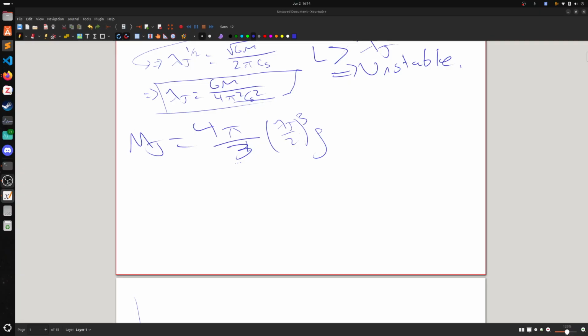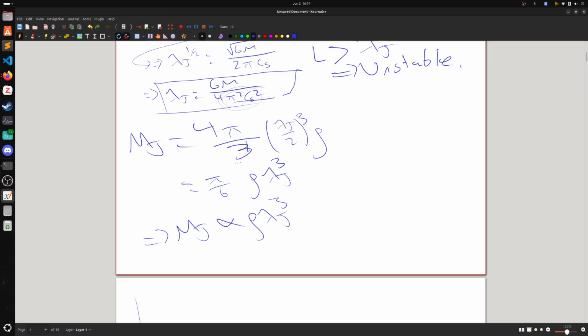Okay, so the idea now is if you just plug this in, you end up getting this is equal to pi on 6 rho lambda_J cubed, implying your Jeans mass goes as rho lambda_J cubed, and really we kind of want the dependence on sound speed.